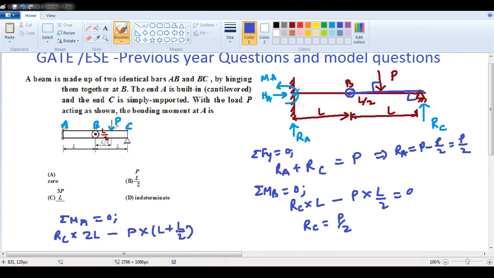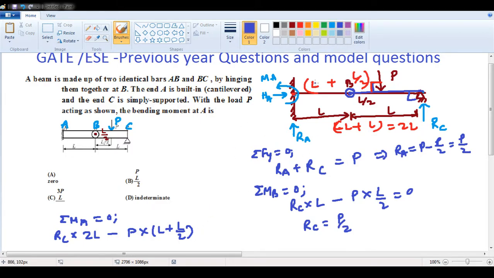From this point when we calculate, one is this perpendicular, that is RC at a distance of L plus L. This is 2L, correct? Then again this P is perpendicular from this point, at a distance of this L plus L by 2.